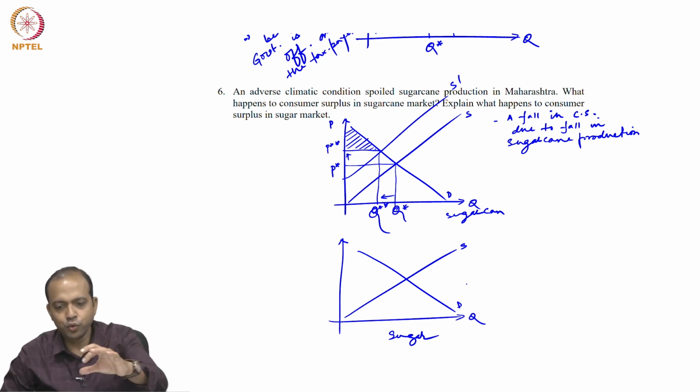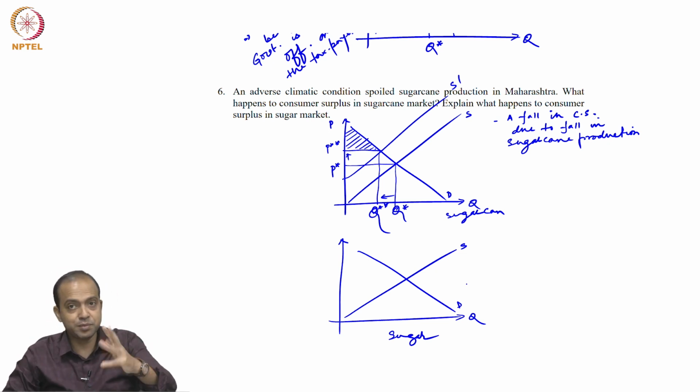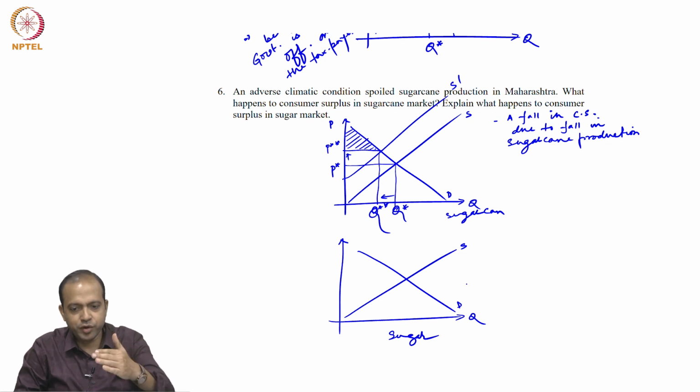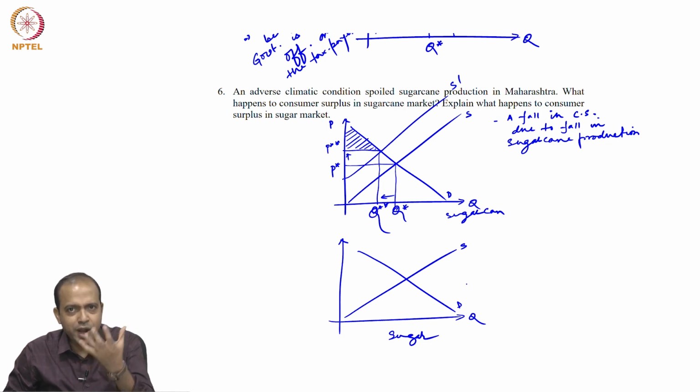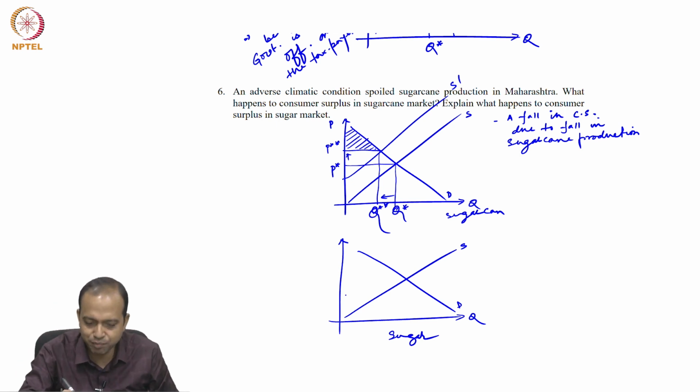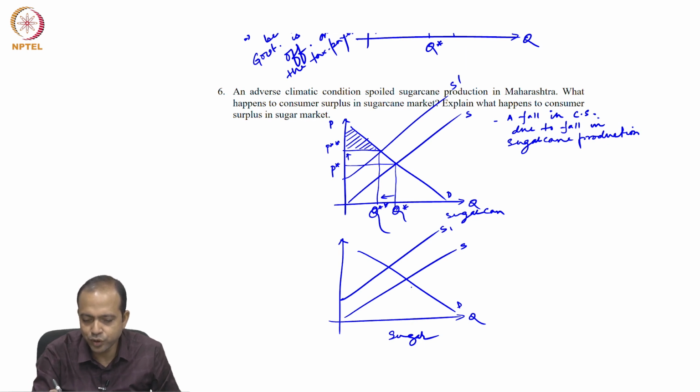Of course, when the supply function shifts upward for sugarcane, the price goes up for sugarcane. That means the input price of sugar is increasing. As a result, the supply of sugar also will go down.